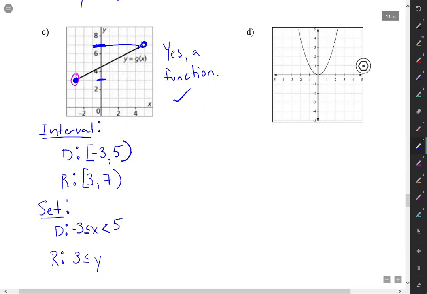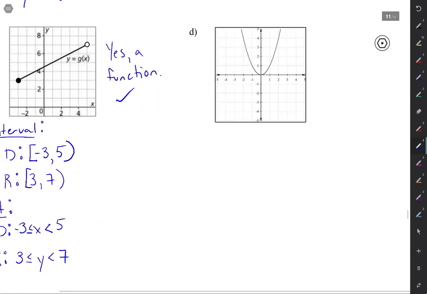And then the next point is not colored in. It's an open circle, so I'm only going to put a less than sign and then the 7. So 3 is less than or equal to y, which is less than 7. So y is smushed in between 3 and 7. Those are all the y values, and that would be the domain and range for that one.